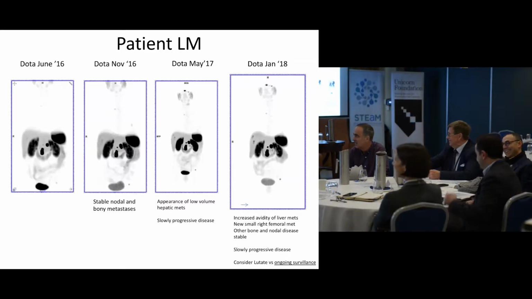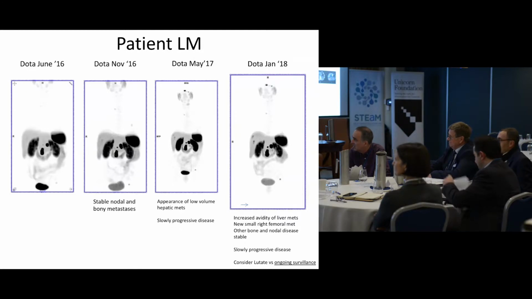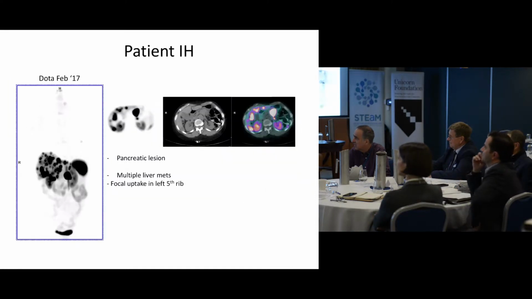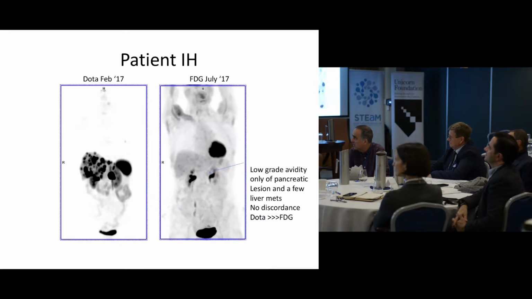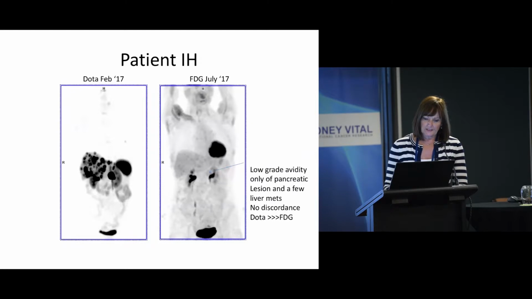All right, so on to the next case, which is a little easier in some respects. This lady has a pancreatic neuroendocrine tumour with hepatic metastases and a rib lesion. We had a look at her FDG and she only had a little bit of avidity of the pancreatic lesion and not much in the liver.